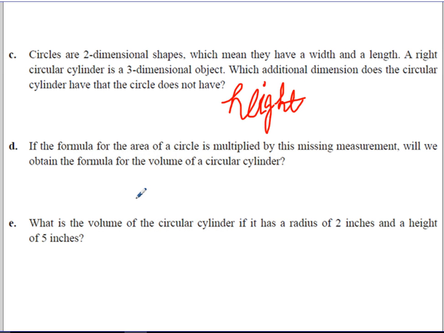And so the formula for the area of the circle is multiplied by this missing measurement. So yes, we get our formula when we do that, which is volume equals pi r squared height.